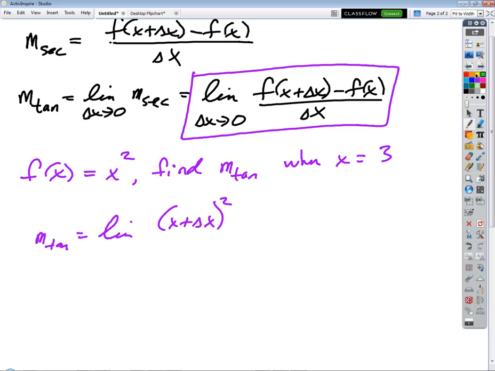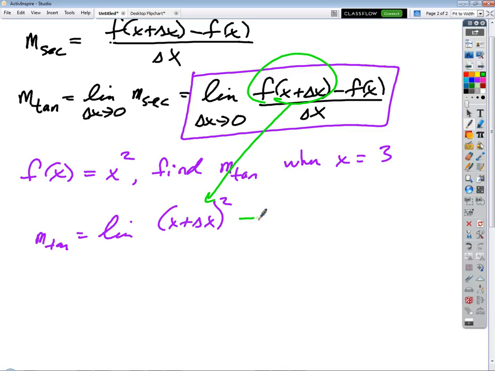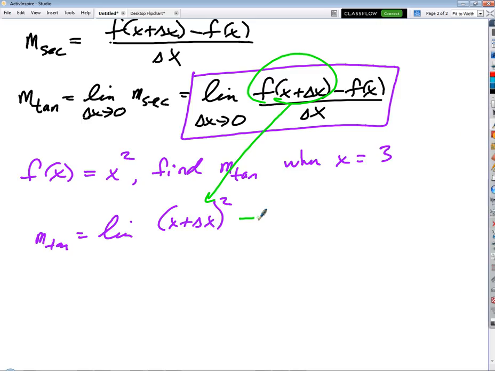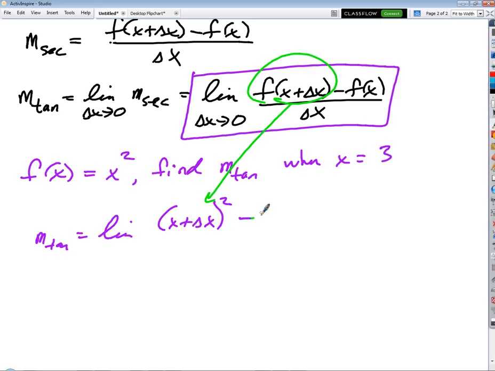Let's make some connections. So that goes to that, right? Minus f of x, whoops, minus, what's f of x? X squared. Over delta x, as delta x goes to 0.